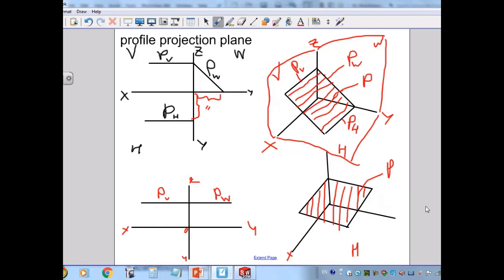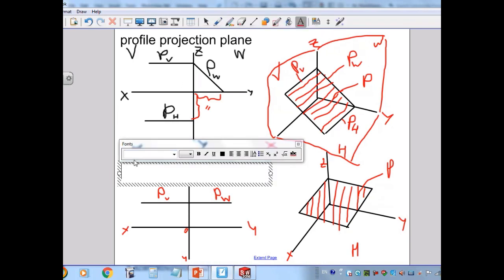That's X, Y, and Z. As I told you, this is called the projection of level.